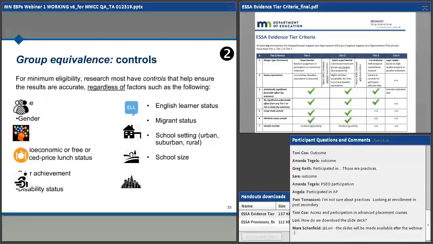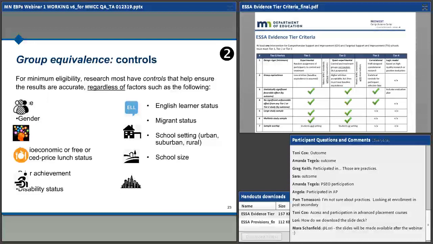First of all, to clarify what this means, these controls are usually referred to race/ethnicity or other types of student characteristics and school characteristics that are used to ensure that the results of the research are accurate regardless of factors such as race, etc.